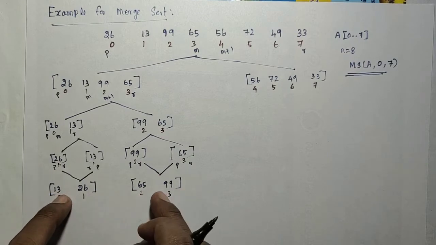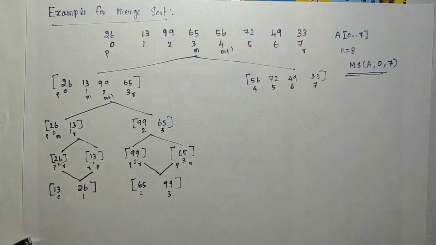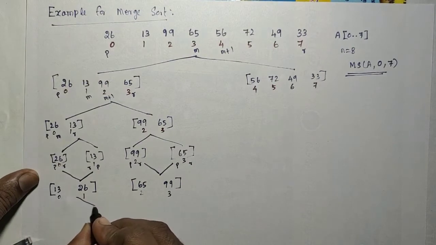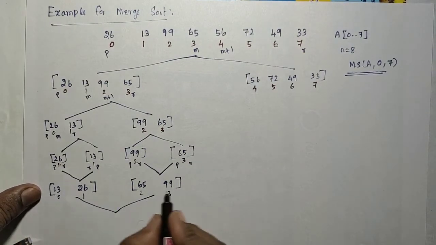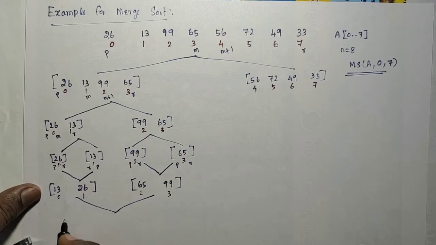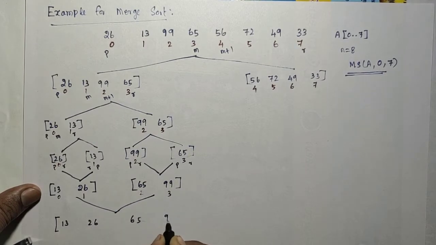After this I need to merge these two halves into one, so the entire set of elements gets sorted. So here: 13, 26 and 65 and 99.